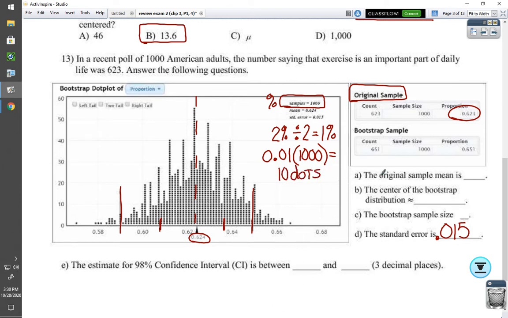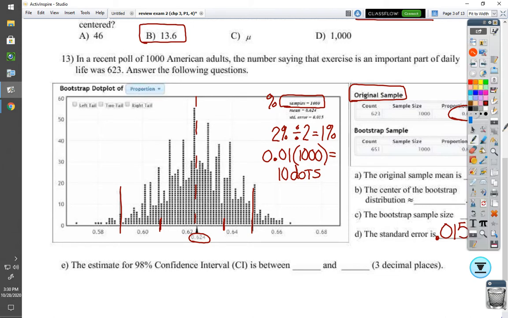So from each corner, I'm going to count my way inward approximately 10 dots. 1, 2, 3, 4, 5, 6, 7, 8, 9, 10. So I'm somewhere around right here for my first one. And I'm going to come in 1, 2, 3, 4, 5, 6, 7, 8, 9, 10. I'm going to be right about here. Now I'm making a guess, if you will.